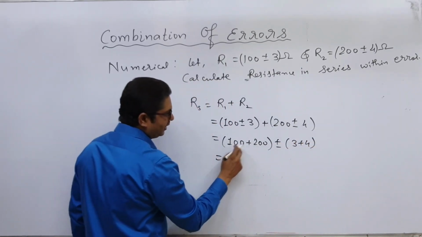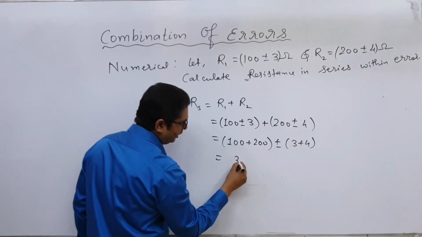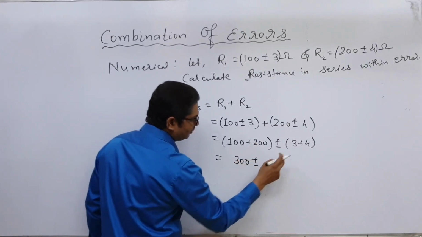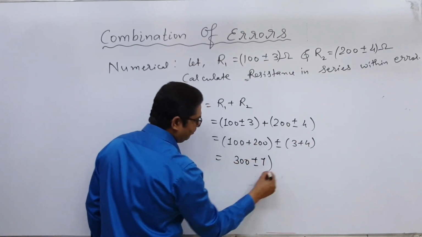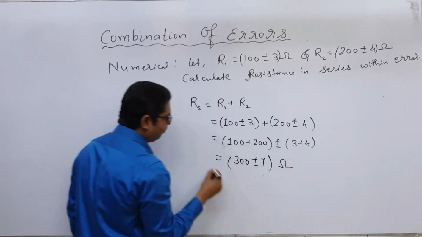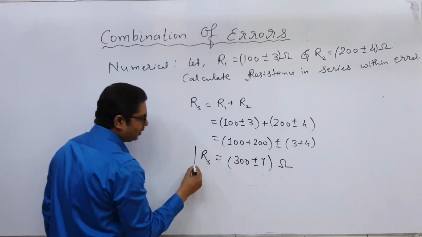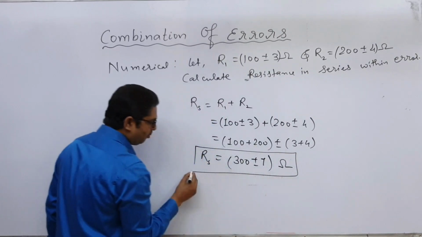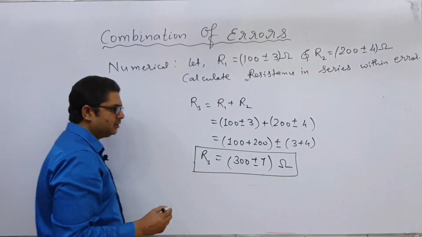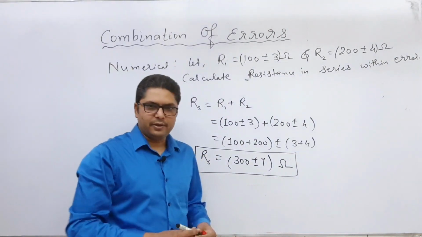So you have 100 plus 200 is 300 and plus minus 3 plus 4 is 7 ohm. This is the expression for combination of series resistance involving error.